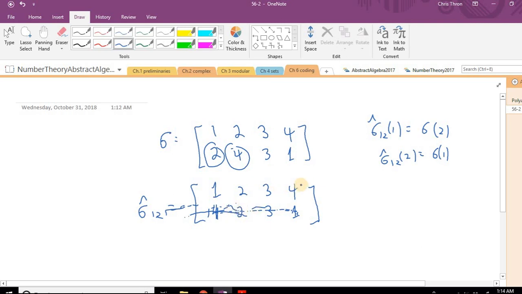And it turns out that you can write sigma 1,2 hat is equal to, I think it says this in the problem, T1,2 composed sigma, where T1,2 is the transposition of 1 and 2. So again, sigma is a rearrangement, and sigma 1,2 hat is a further rearrangement of the rearrangement.